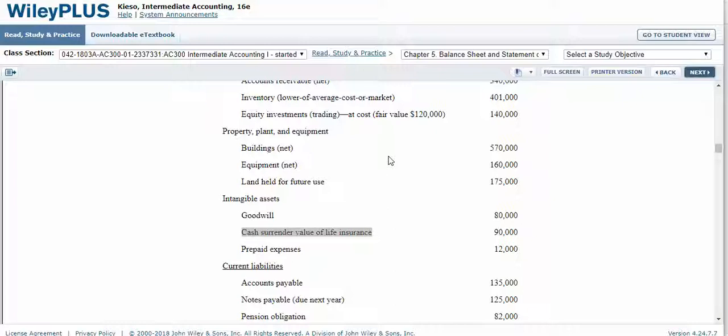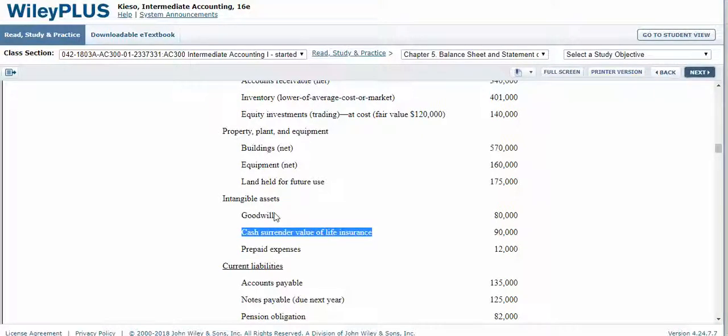Those guys in particular are kind of central to their organization sustaining itself and lasting. So they may have life insurance on those key employees. So that's common in businesses, and so this again should not be an intangible asset. We'll talk about that in a second.